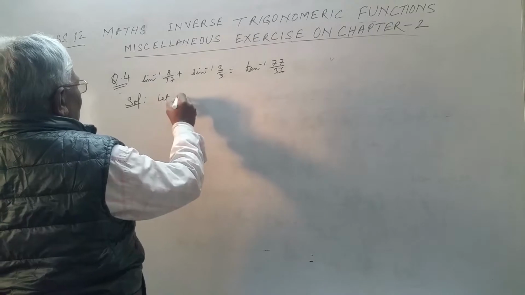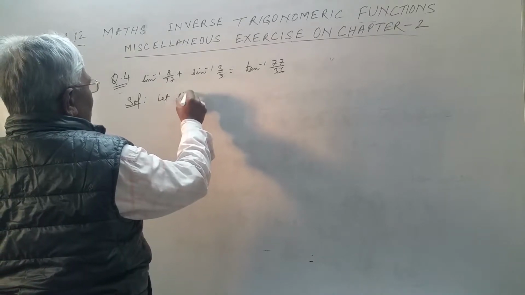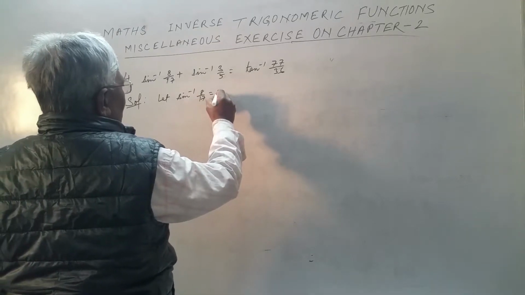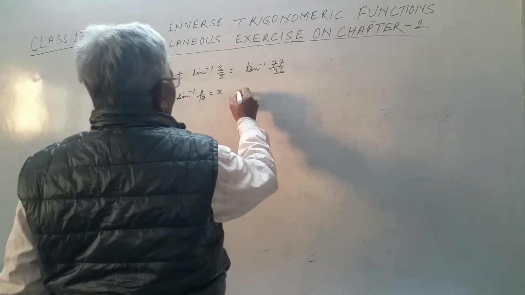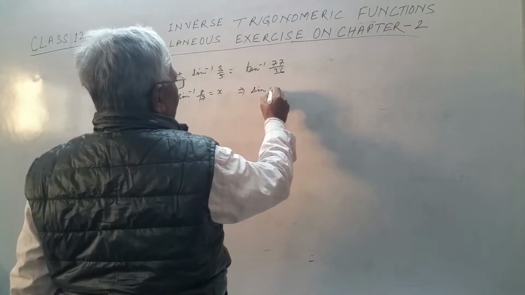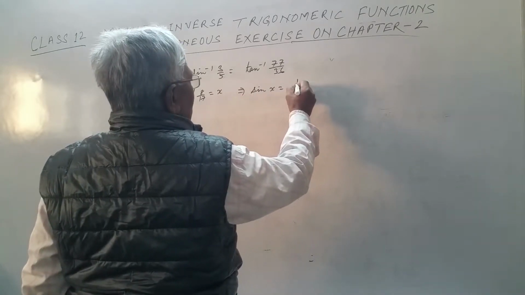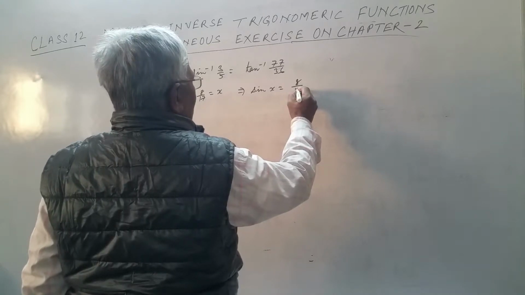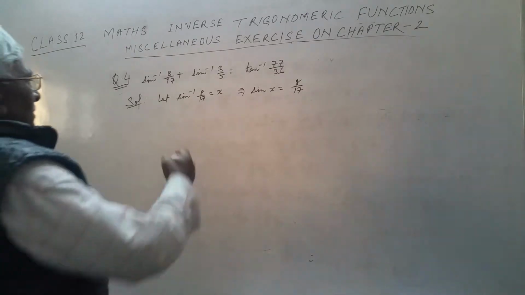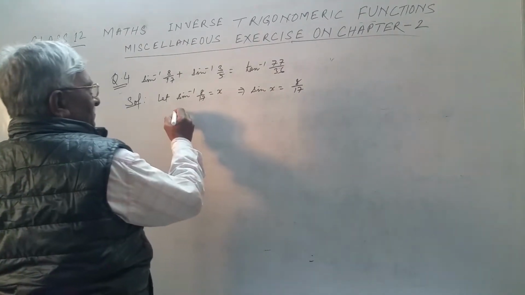Let sine inverse 8 upon 17 is equal to x. Then sine x is equal to 8 upon 17.